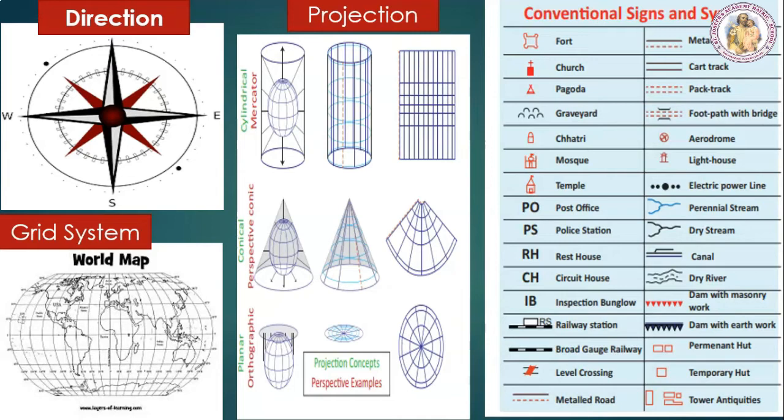Point symbols are used for buildings, dipping tanks, trigonometrical beacons. Line symbols are used for railways, roads, power lines, telephone lines. Area symbols are used for cultivated lands, ponds, orchards and vineyards.